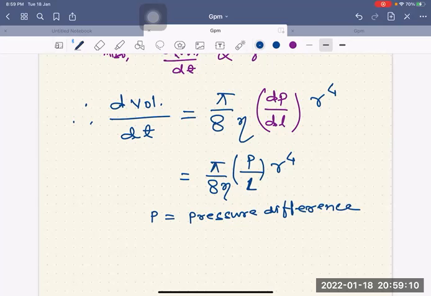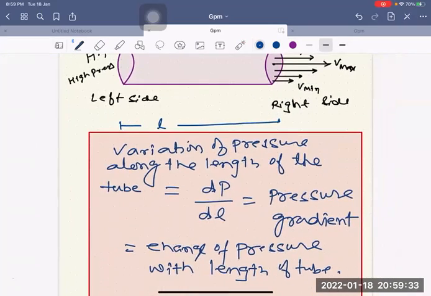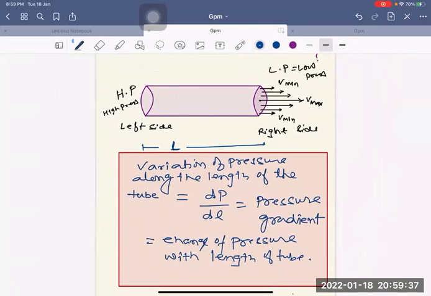The pressure difference across the tube, across the narrow tube, of length L, ऐसा बोल सकते हैं. Take it to be the length L, capital L.